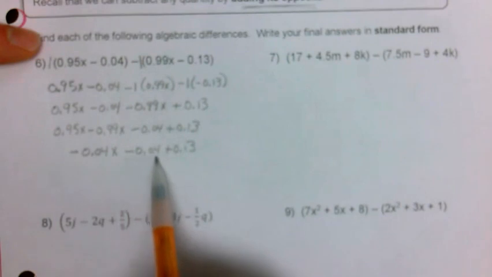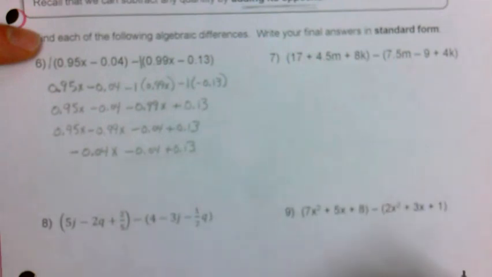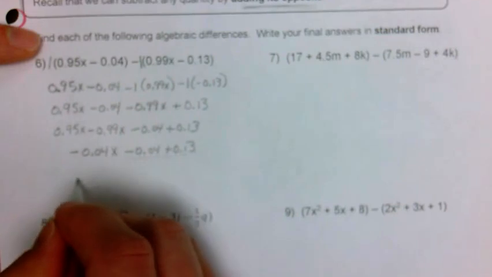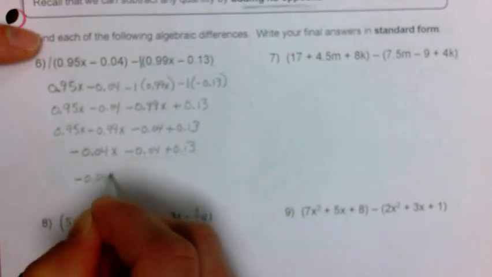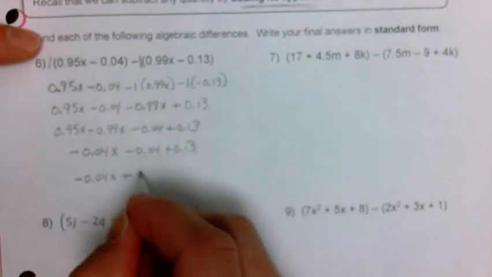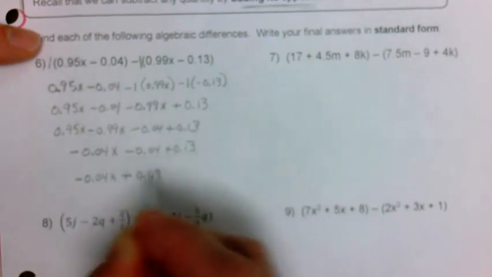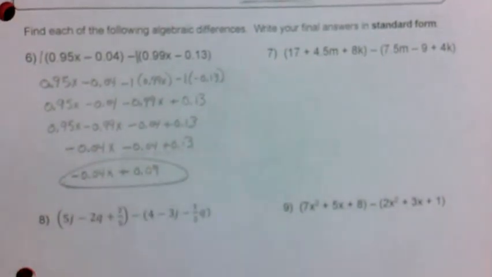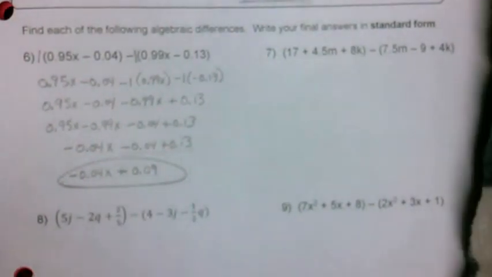Now I can combine my constants here. Negative 4/100 plus 13/100. Again, they're different signs, so I'll subtract the absolute values. And the bigger absolute value is the positive this time. So negative 4/100 plus 13/100 is 9/100. So our expression in simplest form is negative 4/100x plus 9/100.